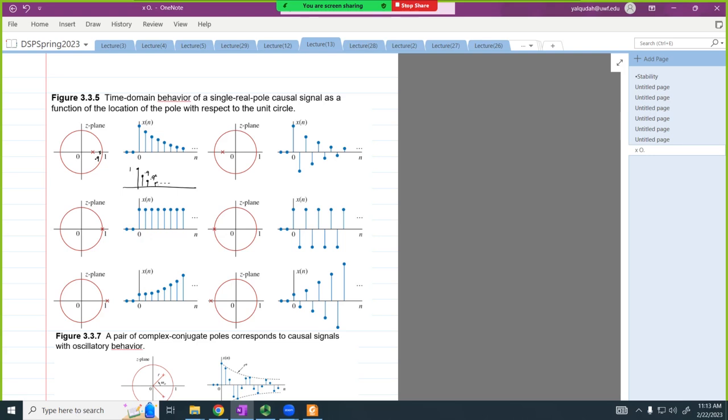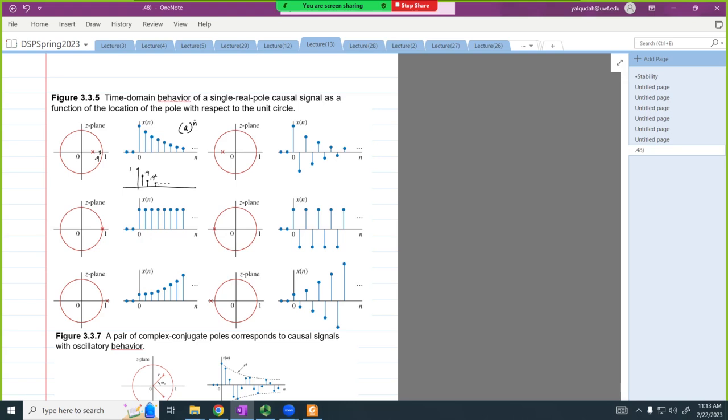If the pole is within the unit circle, it means the term that I'm going to get when I calculate x of n is going to be some value a to the power of n, where a is the pole location. If a is less than 1, then when n goes to infinity, it's going to go to 0. If a is 1 or greater, it's not going to decay.